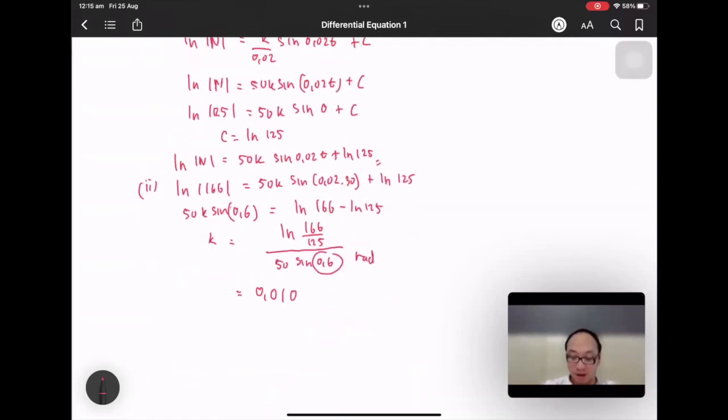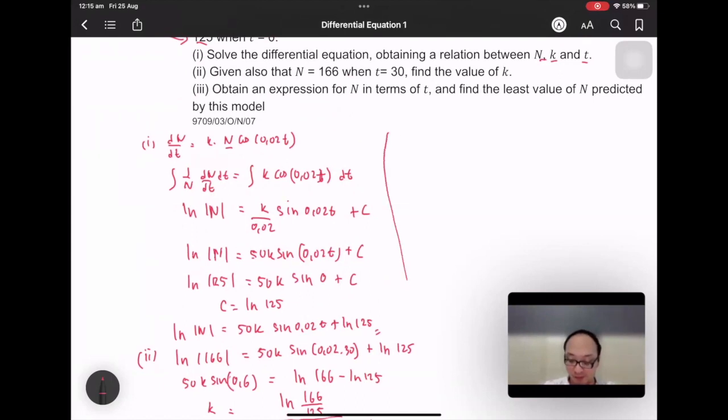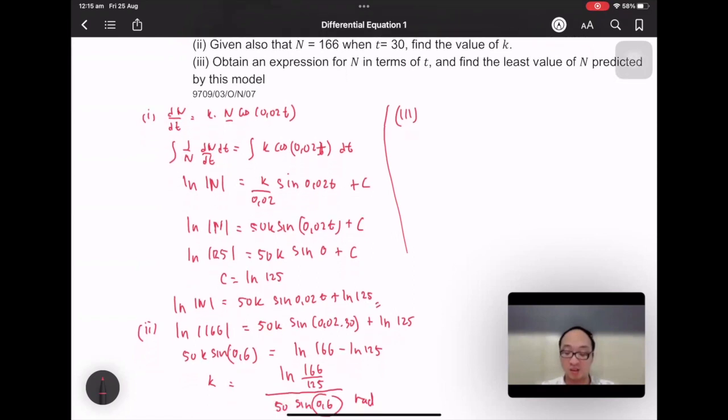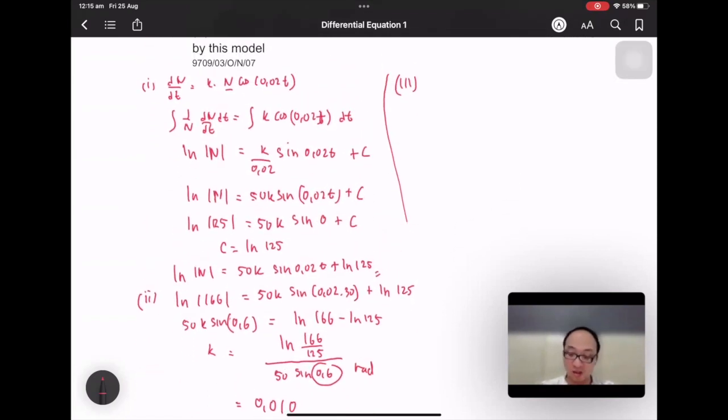The third one, obtain the expression for N in terms of t and find the least value of N predicted by this model. So that means ln N equals 50 times K sine(0.02t) plus ln 125.